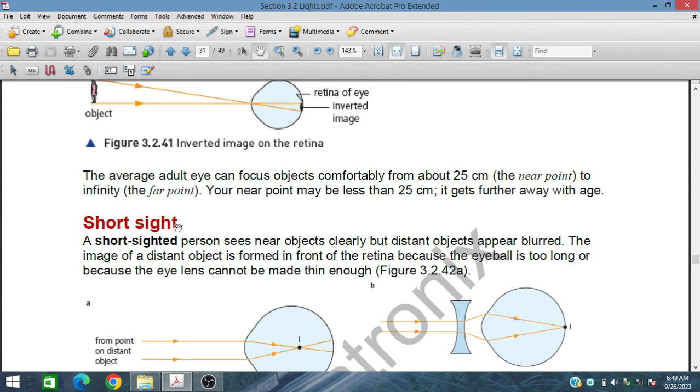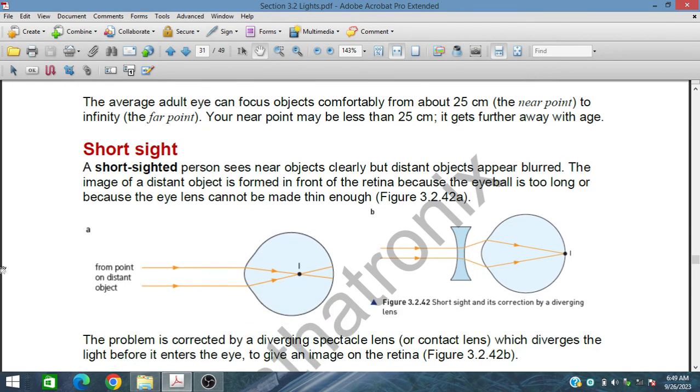Short sight. A short-sighted person sees near objects clearly, but distant objects appear blurred. Here we have a distant object, but it is blurred.